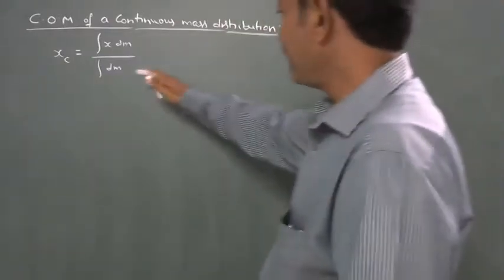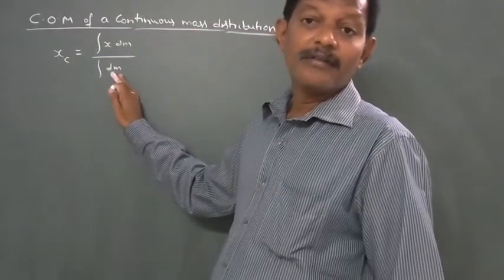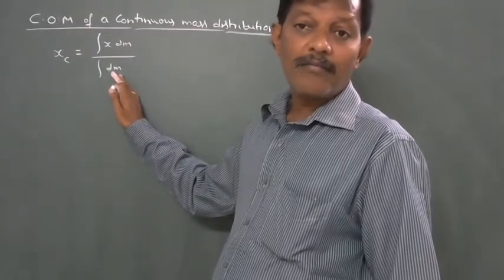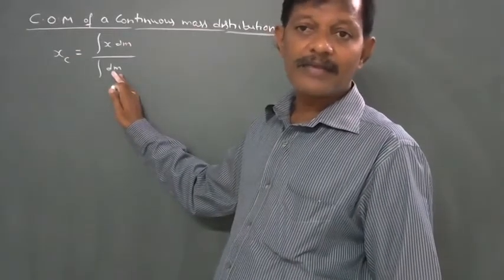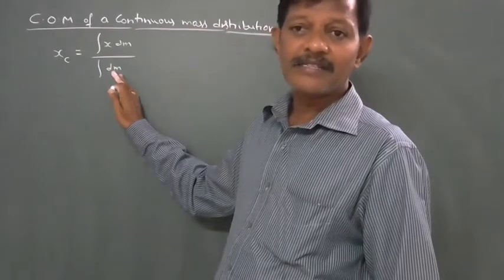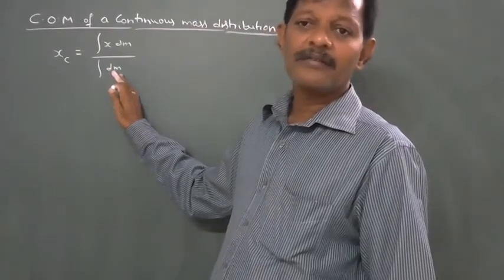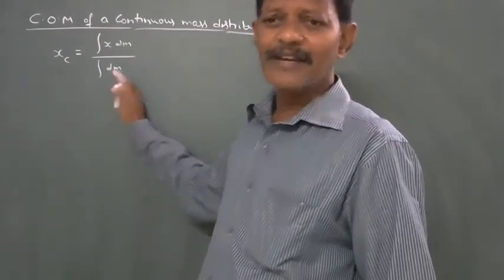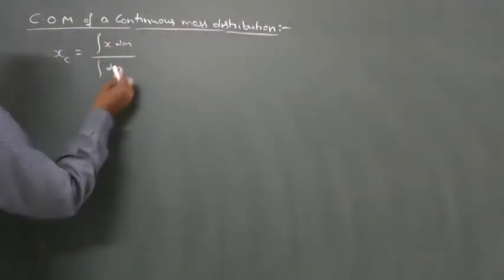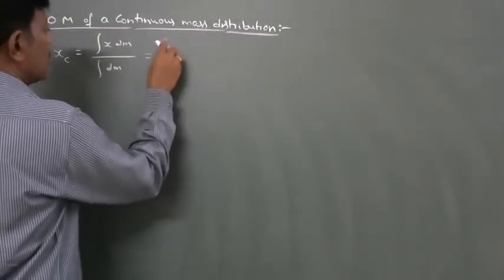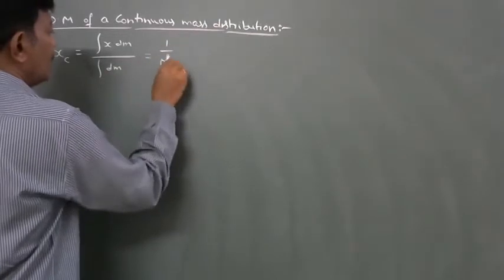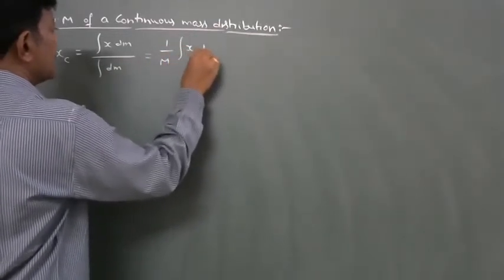Here, integral dm means the sum of the masses of all elements. All elements means nothing but the total mass. This is equal to 1 by M of integral x dm.